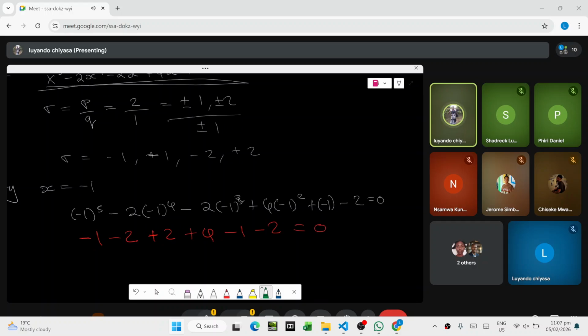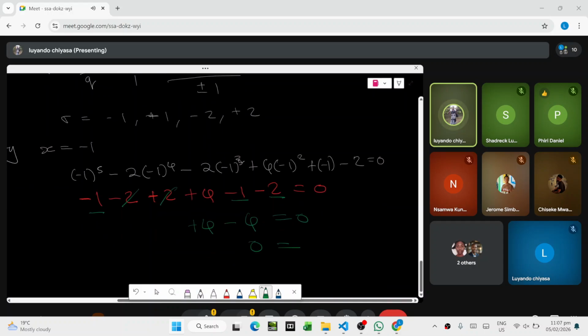Which ones are cancelling? This one and this one are cancelling. This one is a factor, because if you get this one and this one and add, 4 minus 4 is equal to 0. This will give you 0 is equal to 0.